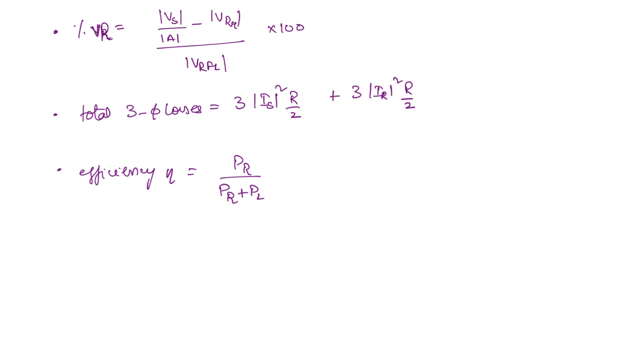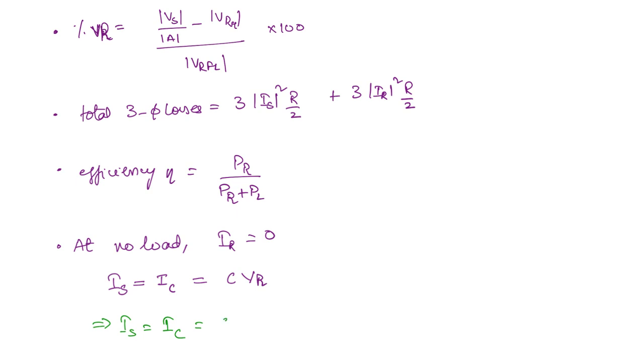And at no load, IR is equal to 0, but Is is not equal to 0. It is equal to the charging current, which is IC, and this will be equal to C times VR. You can write Is is equal to IC is equal to C into VR.